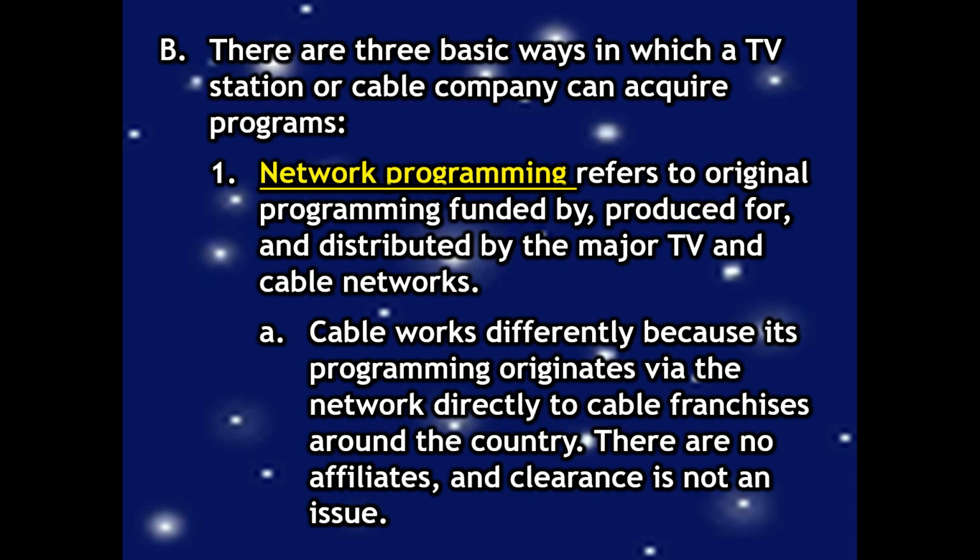Clearance isn't an issue here. Whereas broadcast television networks have to deal with their affiliates, which are not always owned by the network. If they're not network O&Os, which we talked about in a previous chapter, then you're dealing with one company, the network, negotiating for another company, the affiliate, to air the network programming.